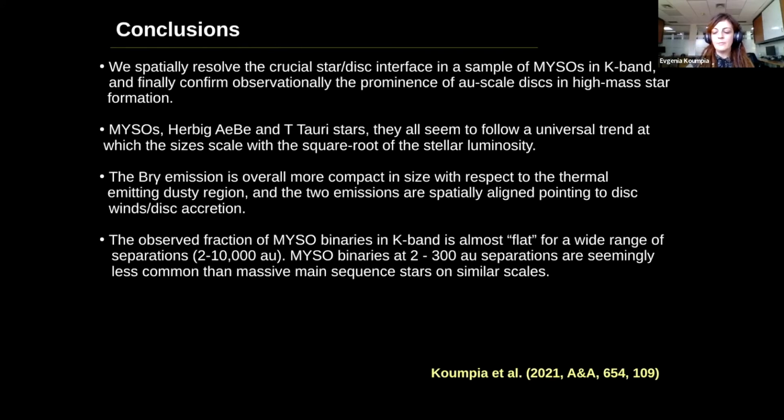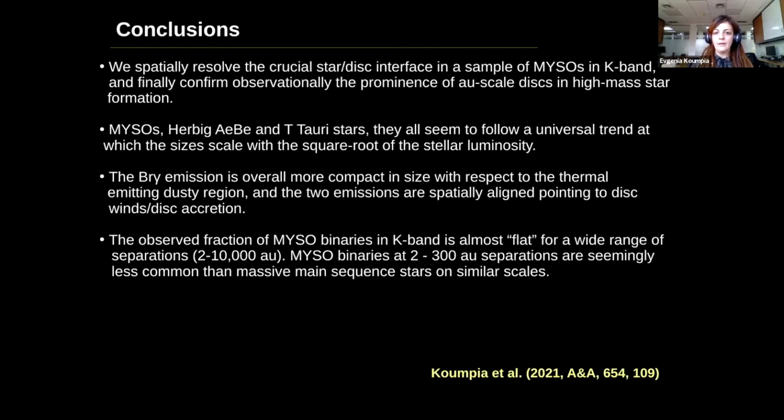So there are some things that we still need to consider here. If it turns out to be the case, we have to consider how the binaries form. One can distinguish between different binary formation theories and see if it's a tightening that happens later as the stars evolve, instead of them actually being born at those separations.